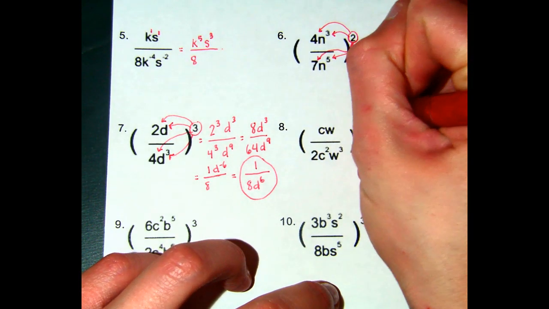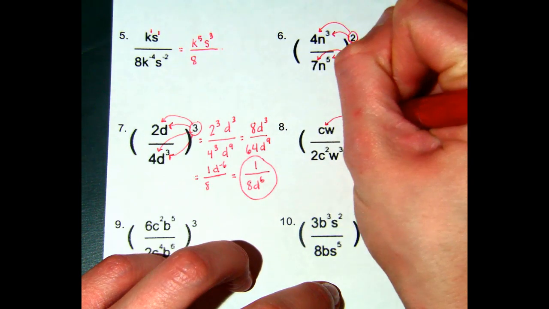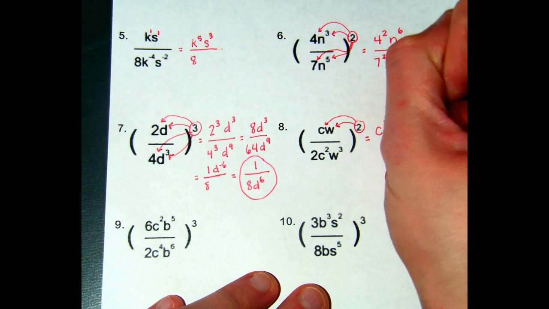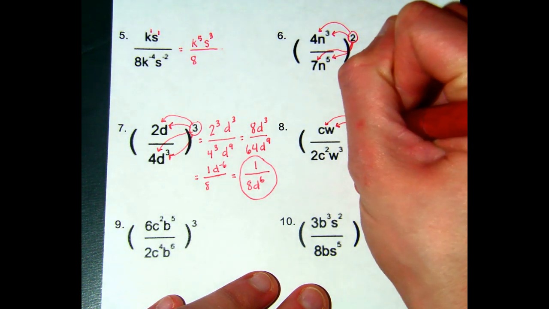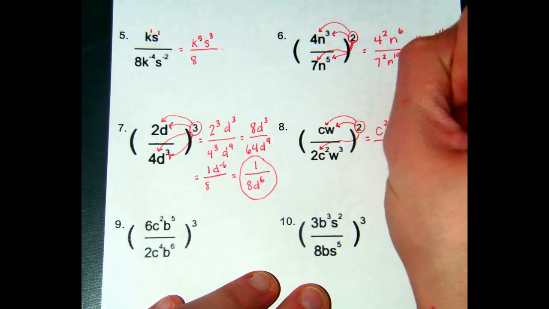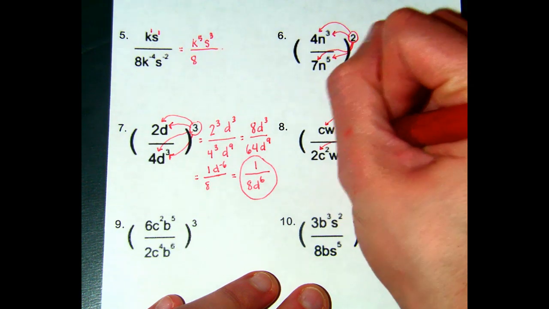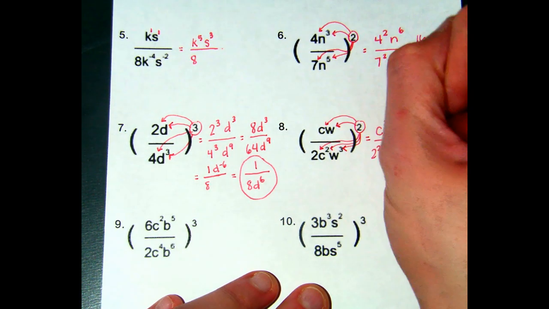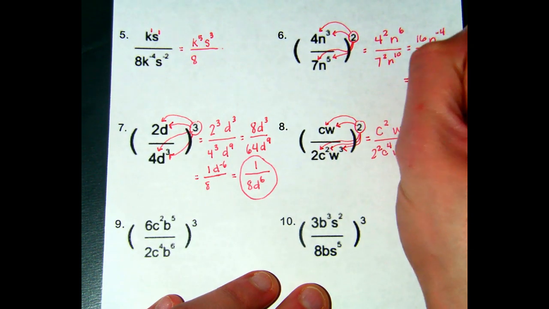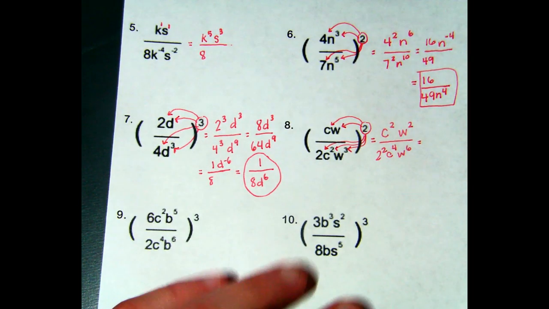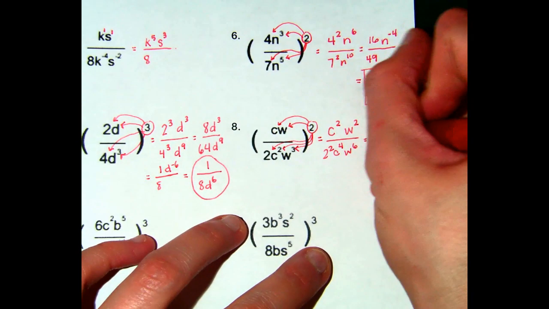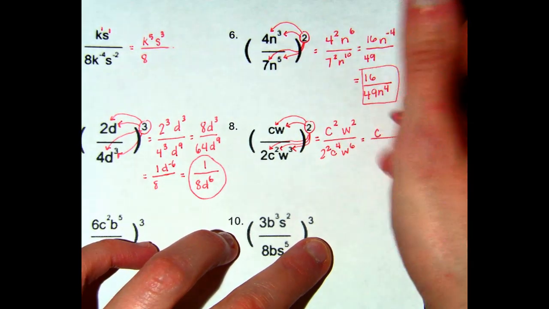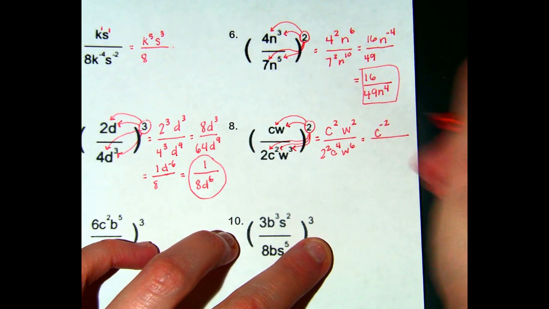I've got 2 to distribute. C squared, W squared, over 2 squared, C to the 4th, W to the 6th. C, 2 minus 4 is negative 2.